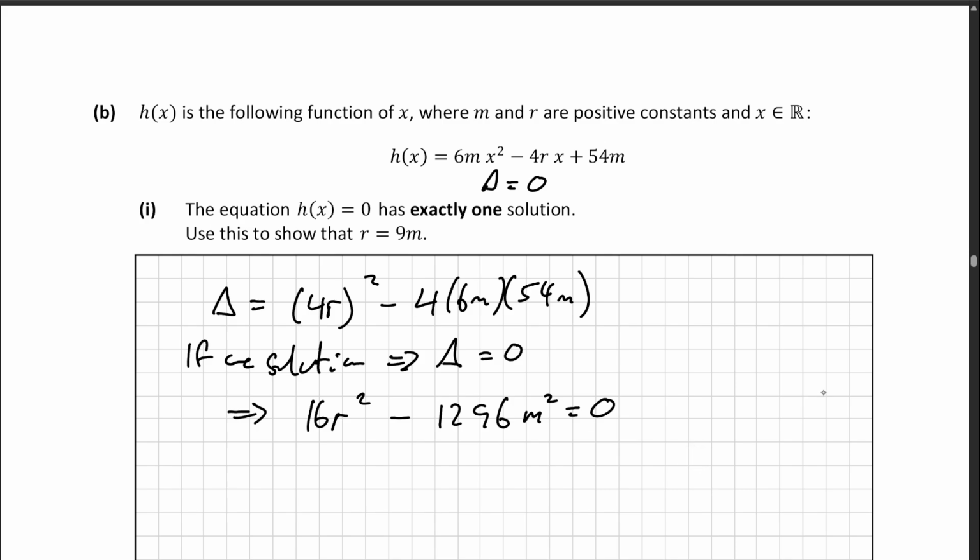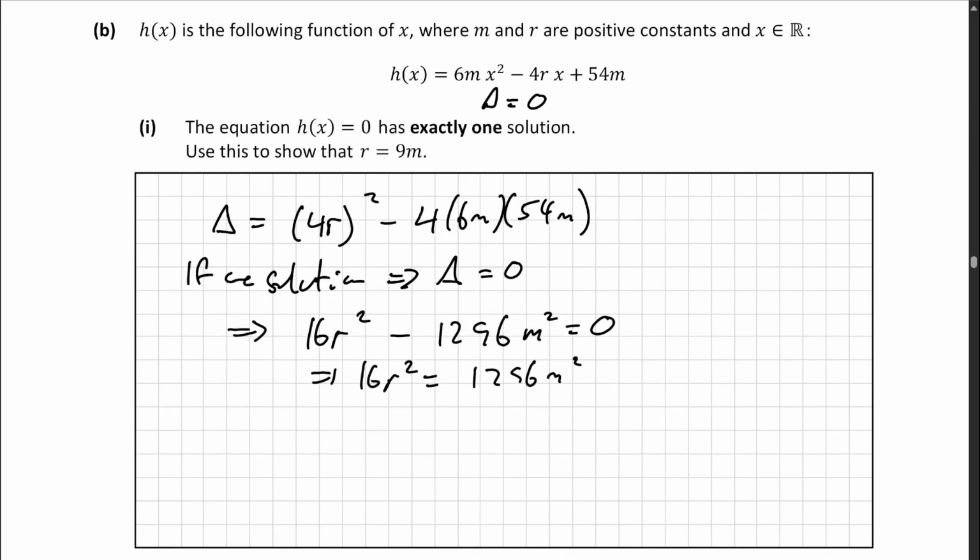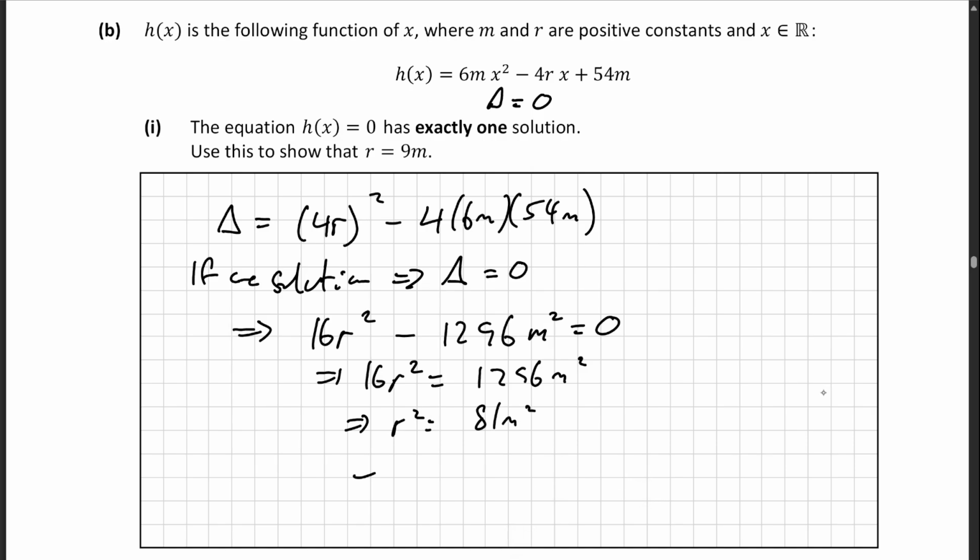So 16r squared equals 1296m squared. If we take the 16 over, we get r squared equals 81m squared. So that implies that r equals 9m. Now, we can ignore any plus or minus business because that's just the answer they want.